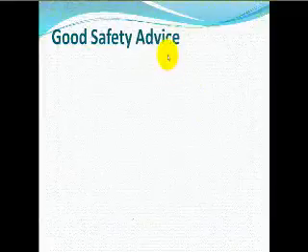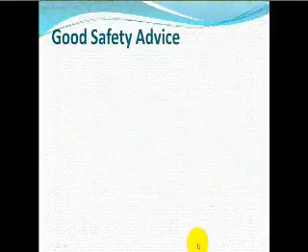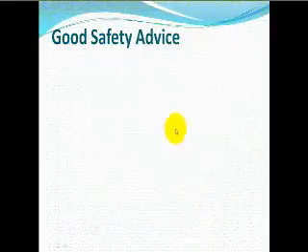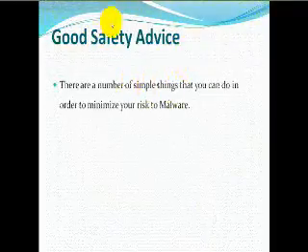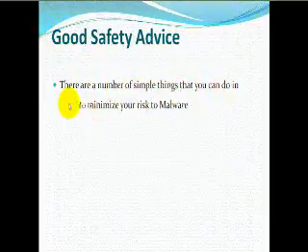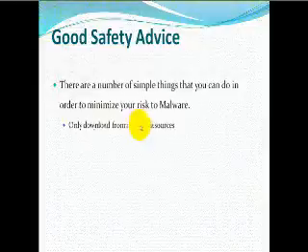Okay, hope now you have an idea about what malwares are, the different types of malwares, and how to avoid the attacks made by these kinds of unwanted software. So before winding up, I have to give you some good safety advice. There are a number of simple things that you can do to minimize your risk from malware. First thing, only download from reputable sources.